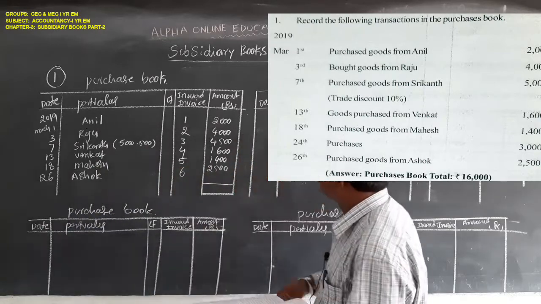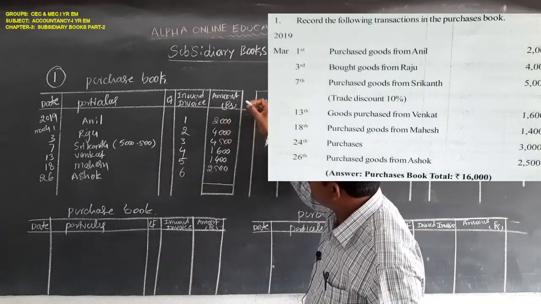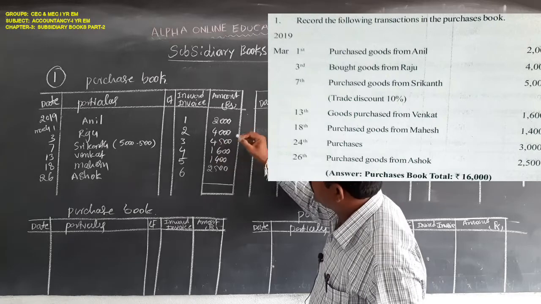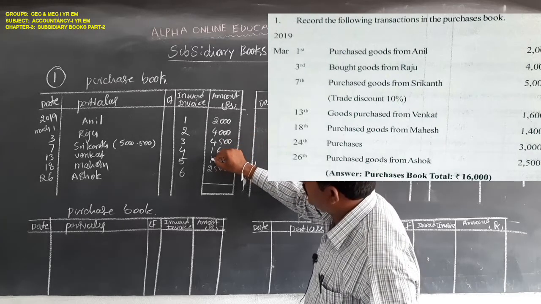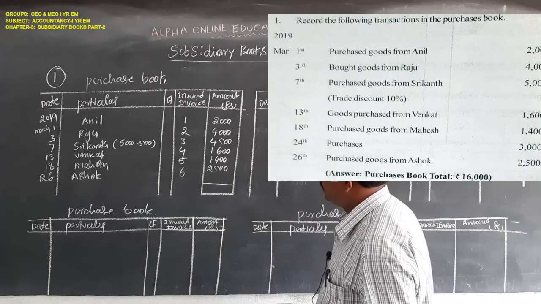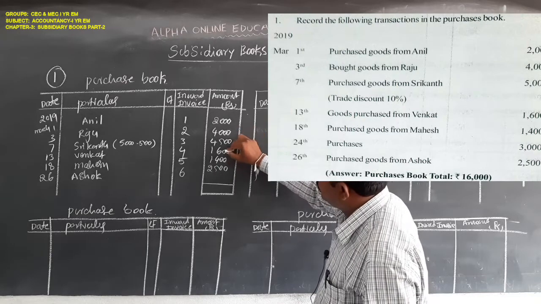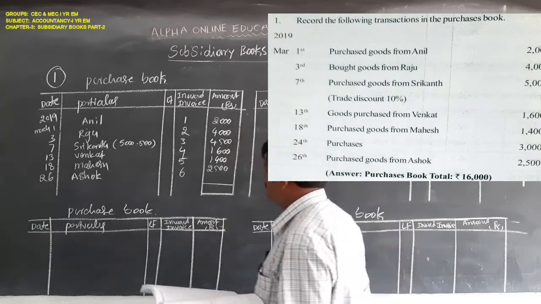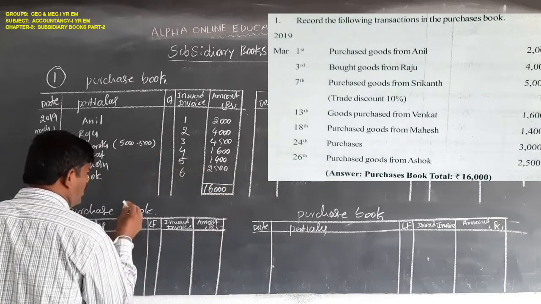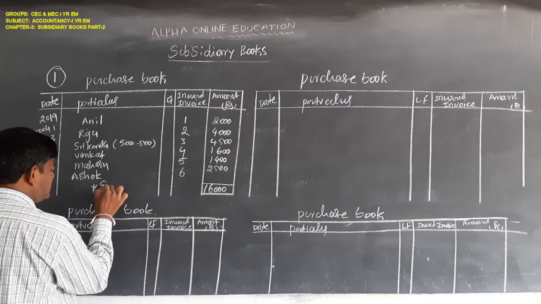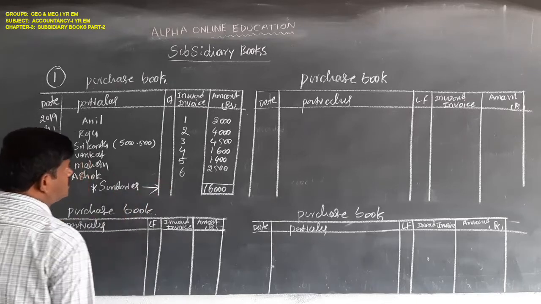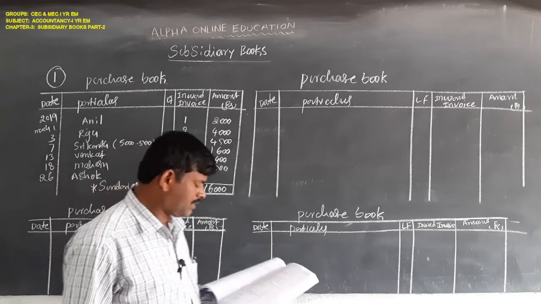Okay, 2 plus 6, 8, 8 plus 2, 10, 11, 11 plus 1, 12, 12 plus 2, 14, 14 plus 2, 16,000 rupees total. So 16,000 rupees total. Here you have to write sundries. Sundries nothing but total. This is the first problem.